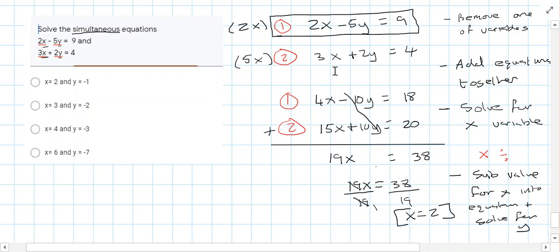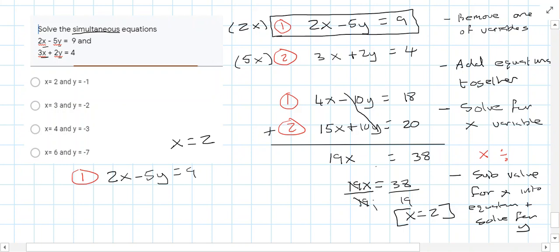So we'll pick equation 1, which is 2x minus 5y is equal to 9, and x is equal to 2.